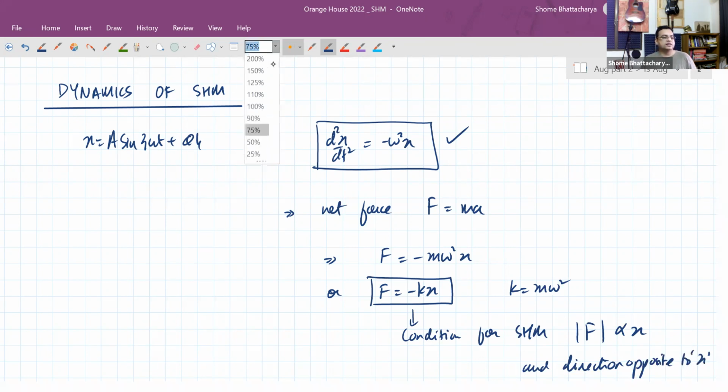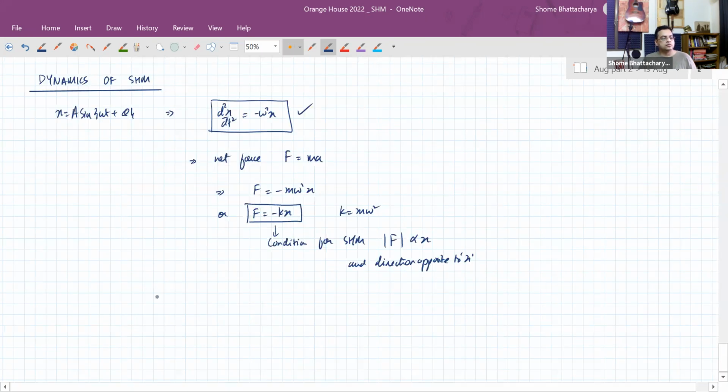So any system which has this property, so any system that satisfies the above condition will be an SHM.